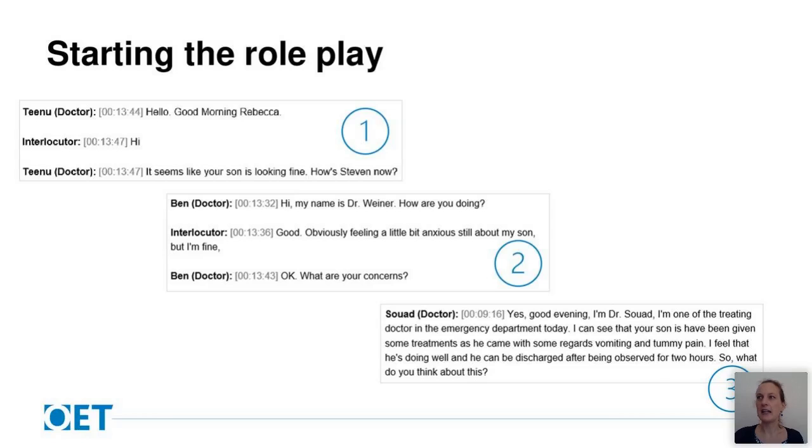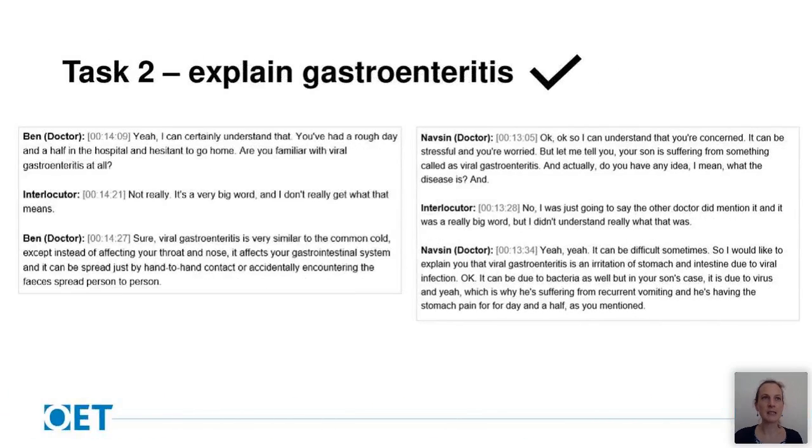So the second task was to explain gastroenteritis, and it was clear that the candidates felt very comfortable to do this, either from first-hand experience or because they had those prompts in brackets to help them. But some candidates were better at using language which was clear and at an appropriate lay level for the parents.